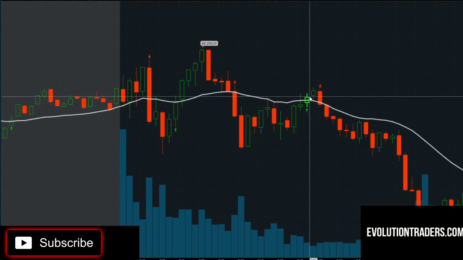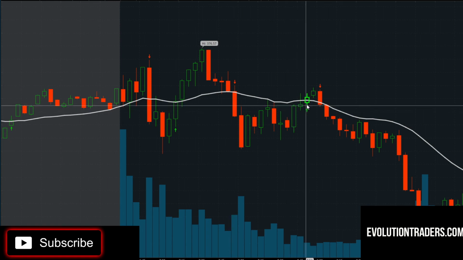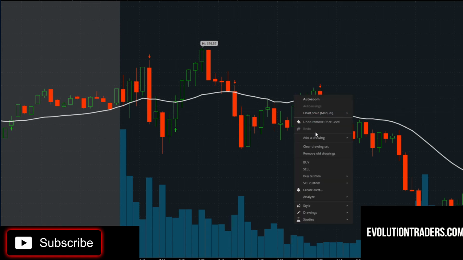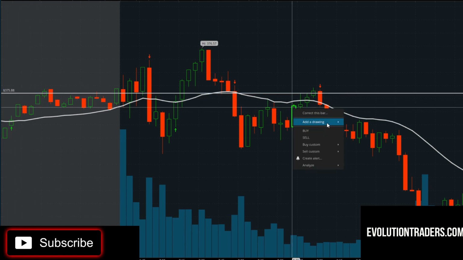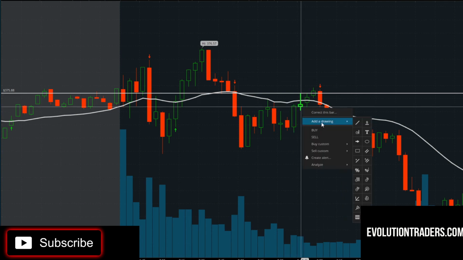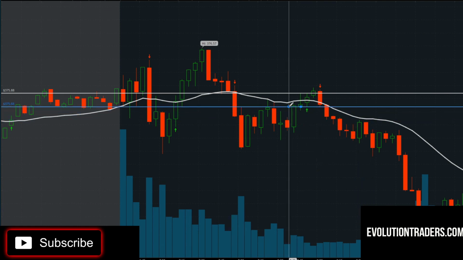So in this particular case here, you're looking to get back in long. Let's say you get back in long here. First close above the 20, you get in long at 375.88. Your stop price is going to be 375.67.